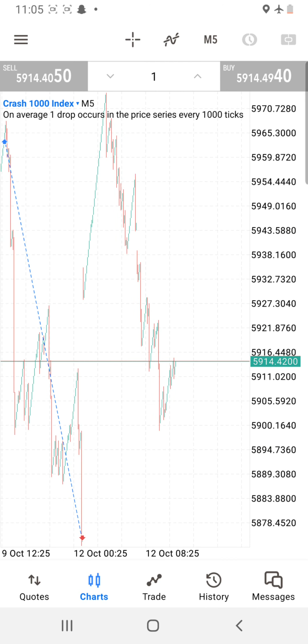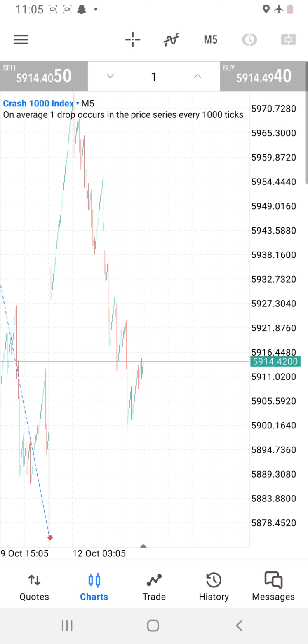As you can see, I'm now left with a blank chart on Crash 1000, and we're going to be using the 5-minute time frame. This strategy works on all Boom and Crash indices, be it Boom 1000, Crash 1000, Boom 500, Crash 500, Boom 300, and Crash 300.